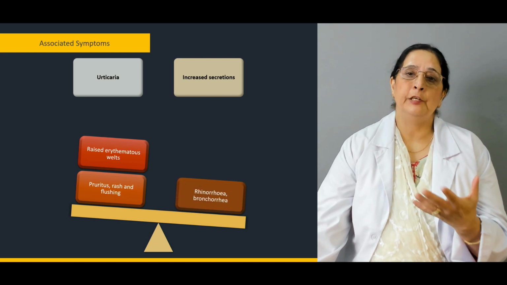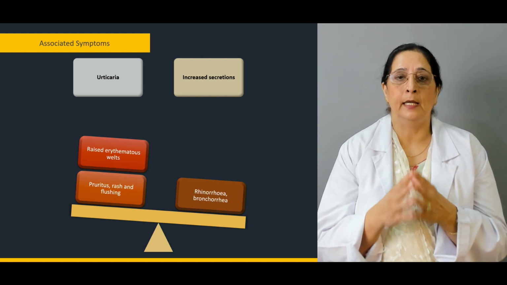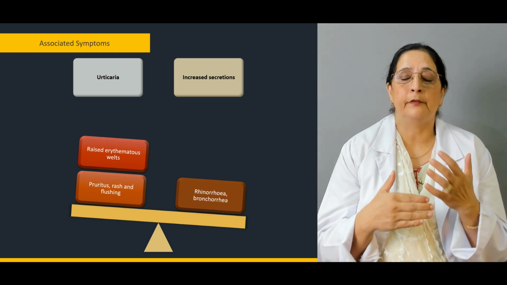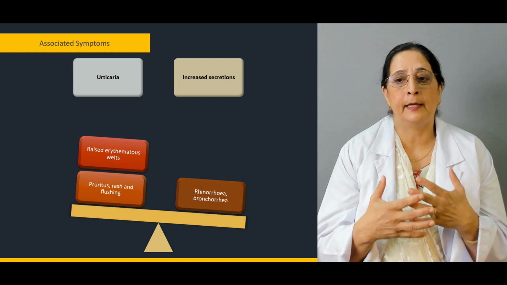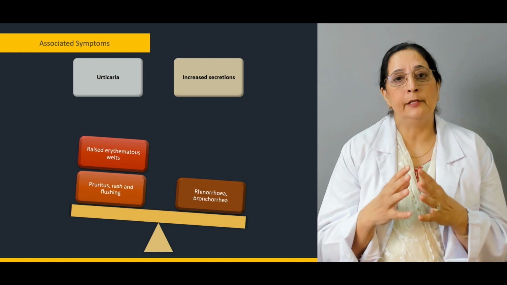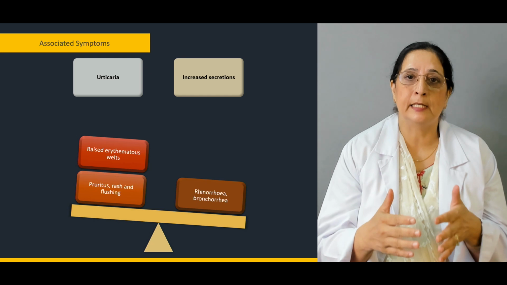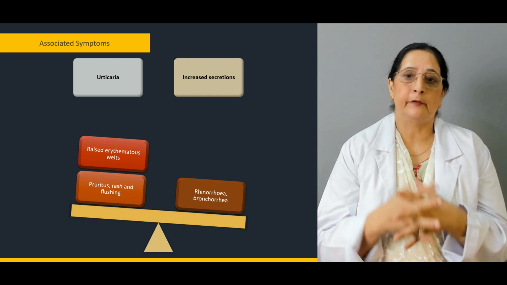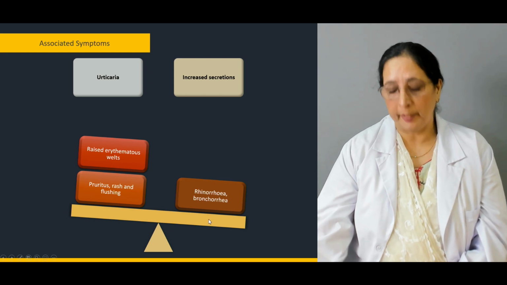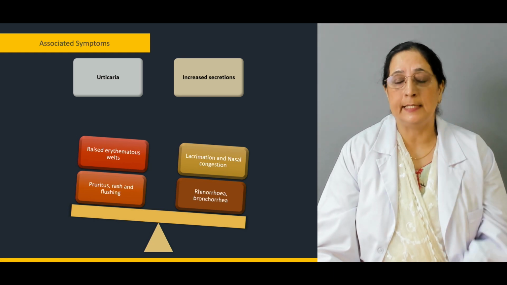As a result of increased secretions, we mentioned that the release of histamine and other chemical mediators as a result of allergic response, as a result of anaphylaxis, cause increased permeability and dilatation, which cause increased secretion, and these increased secretions can cause rhinorrhea, runny nose, bronchorrhea, and there is lacrimation, watery eyes, and nasal congestion.